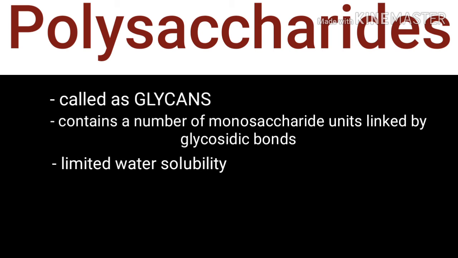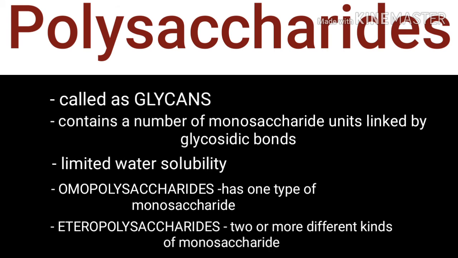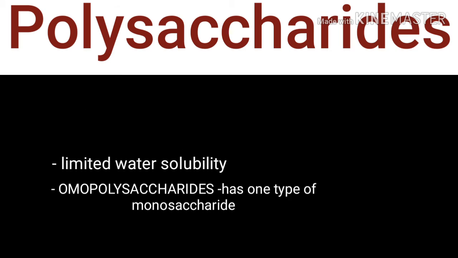Polysaccharides are defined as homopolysaccharides if they contain only one type of monosaccharide, as starch, glycogen, or chitin. They are heteropolysaccharides if they contain two or more different kinds, like hyaluronic acid.